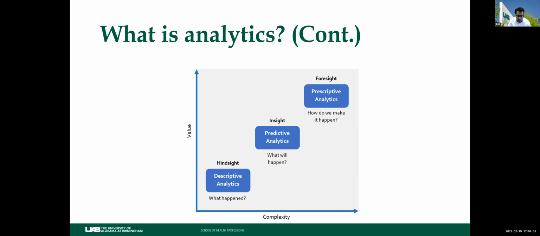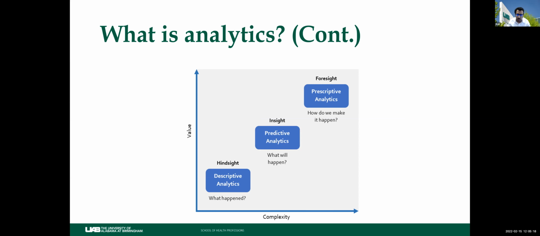We start with descriptive analytics, which, as it implies, describes the data, like taking the mean, the average, standard deviation, all those basic statistics. The second level is predictive analytics, where we use historical data to predict the future so we can react based on the predictive analytics result.